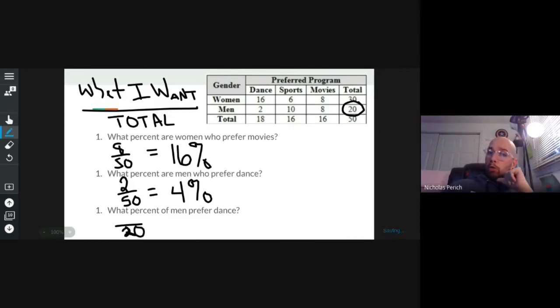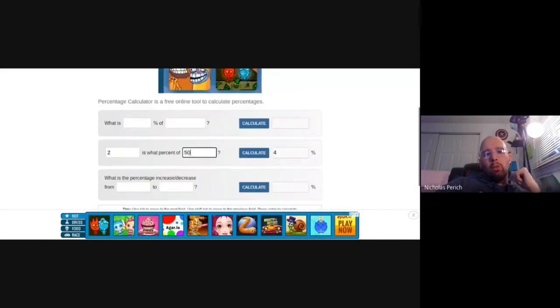If it said what total amount of women prefer dance, then you would put 30. But what percent of men, 20 total, prefer dance? Well, that was 2. 2 out of 20. Let's go back to our website. I'm going to keep that 2 there and change that to 20. 10%. A whopping 10%.